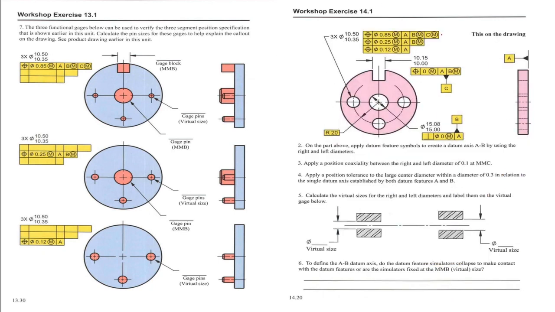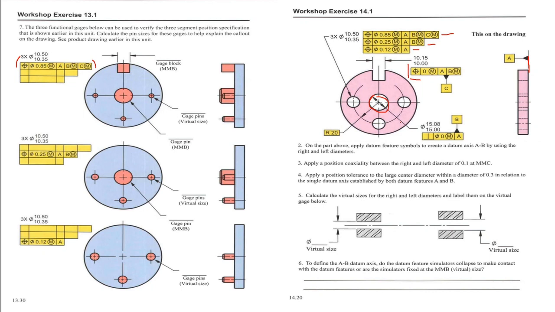We have to tell the meaning of these three different callouts. The first callout is: datum A is here, on this face, datum B is the position of the central hole, and datum C is the position of this gauge block.